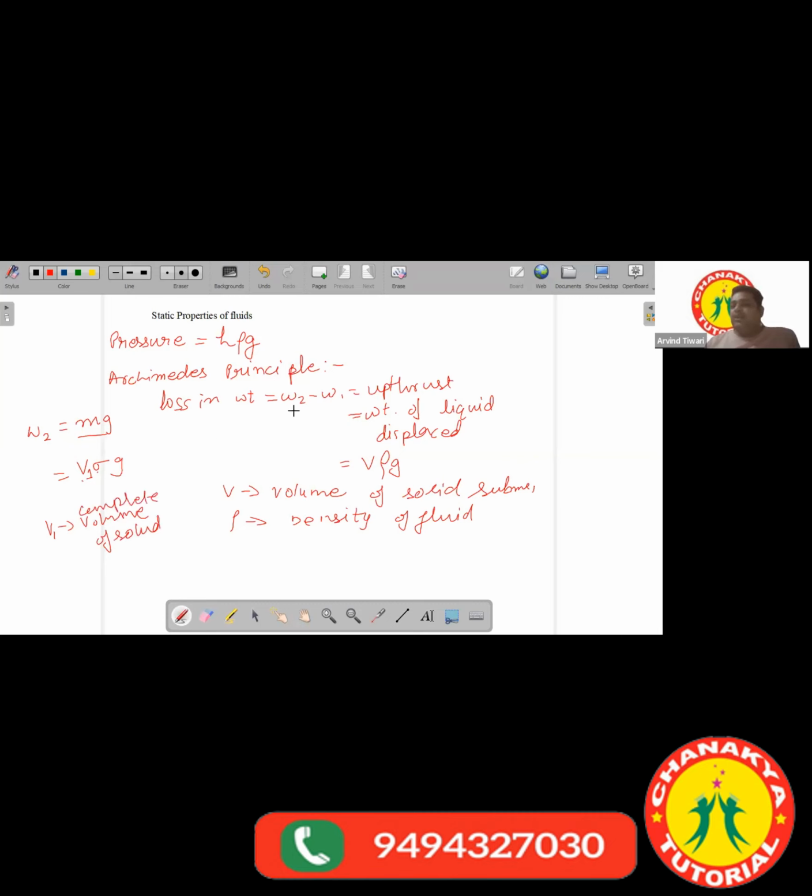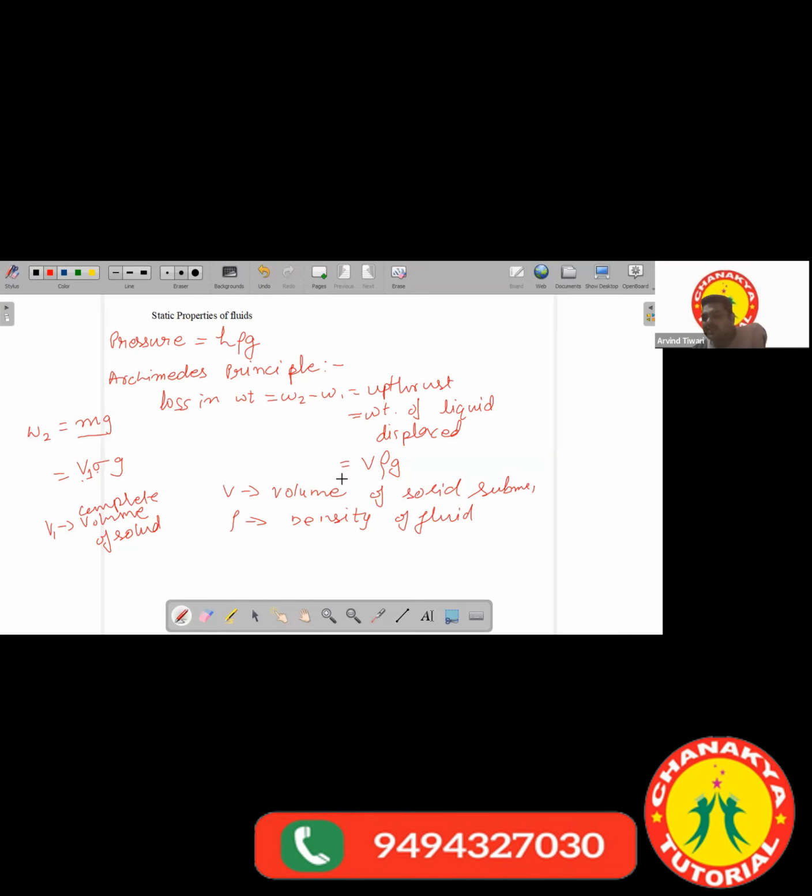So I will get a relationship between V1 and V. Generally we have questions where we find how much part of the volume will be submerged, given the densities of the two substances.